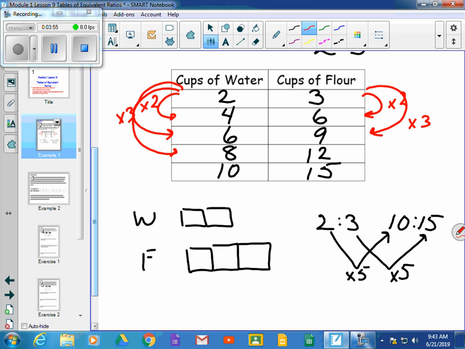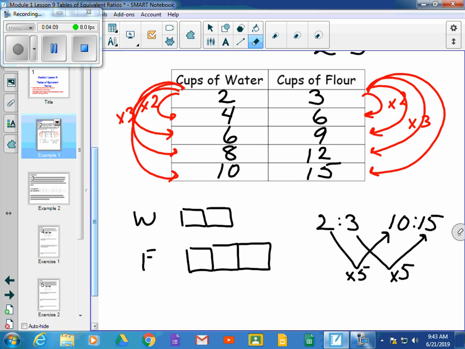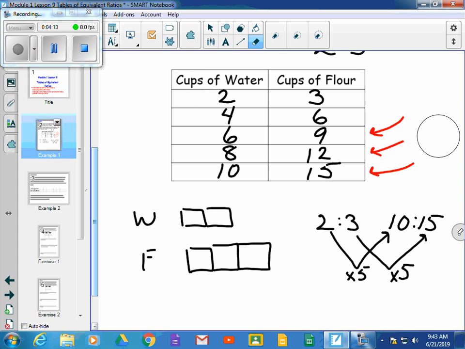By 4 and by 5. And if we wanted to, we could keep on going. But there's a multiplicative pattern involving ratio tables. But you've got to remember to multiply the first original ratio by that same value.